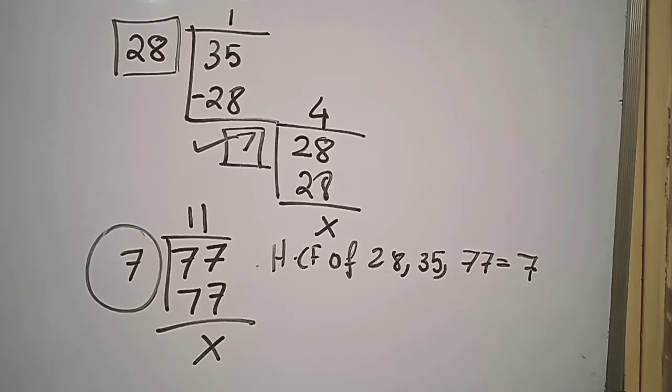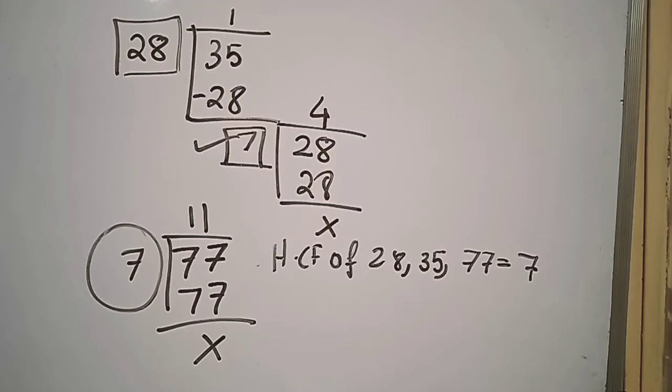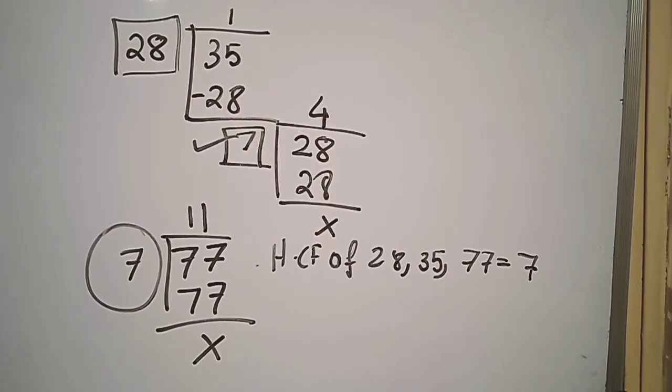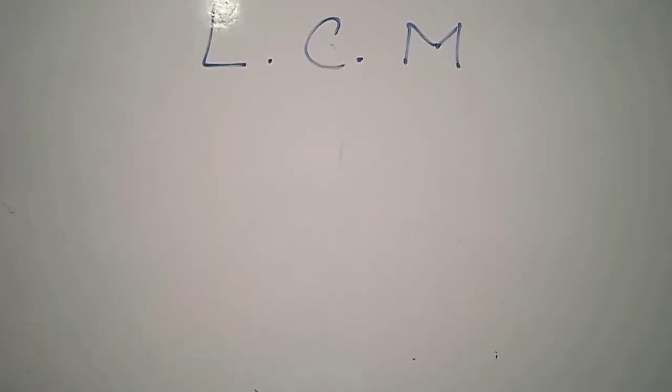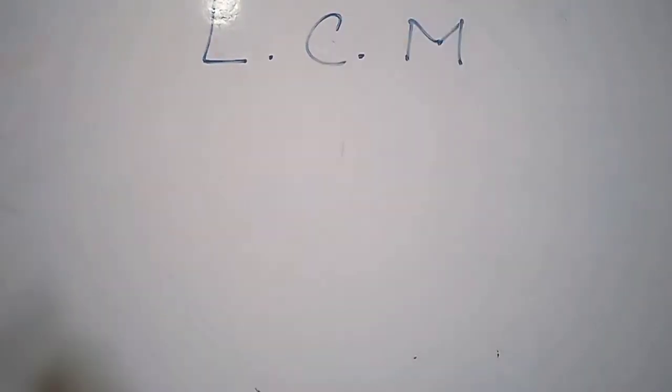Now we will go to the chapter LCM. Before going to that, we all know what a multiple is. Here I can see the last letter, M, which stands for multiple.